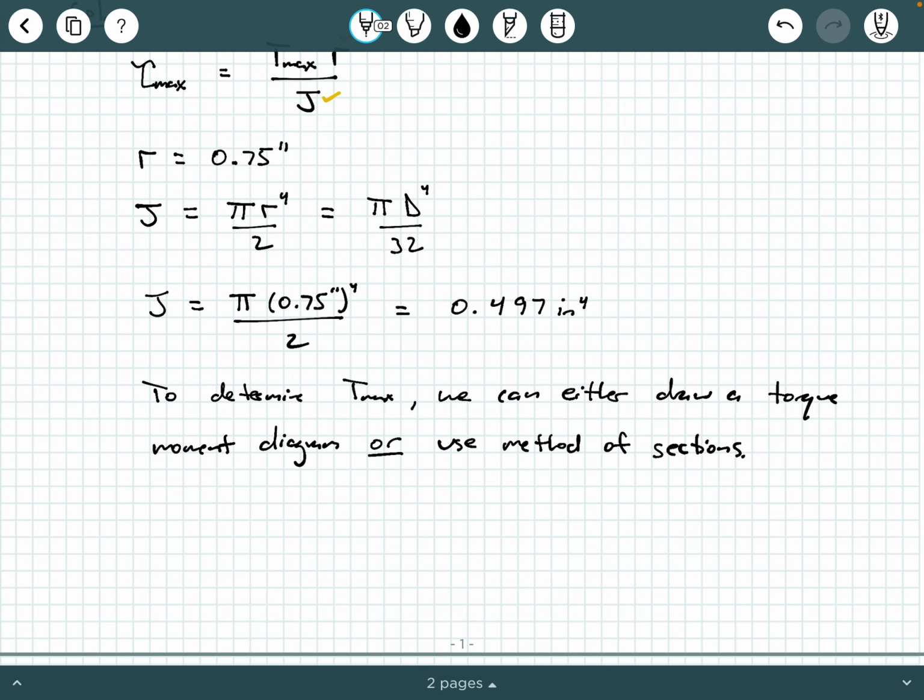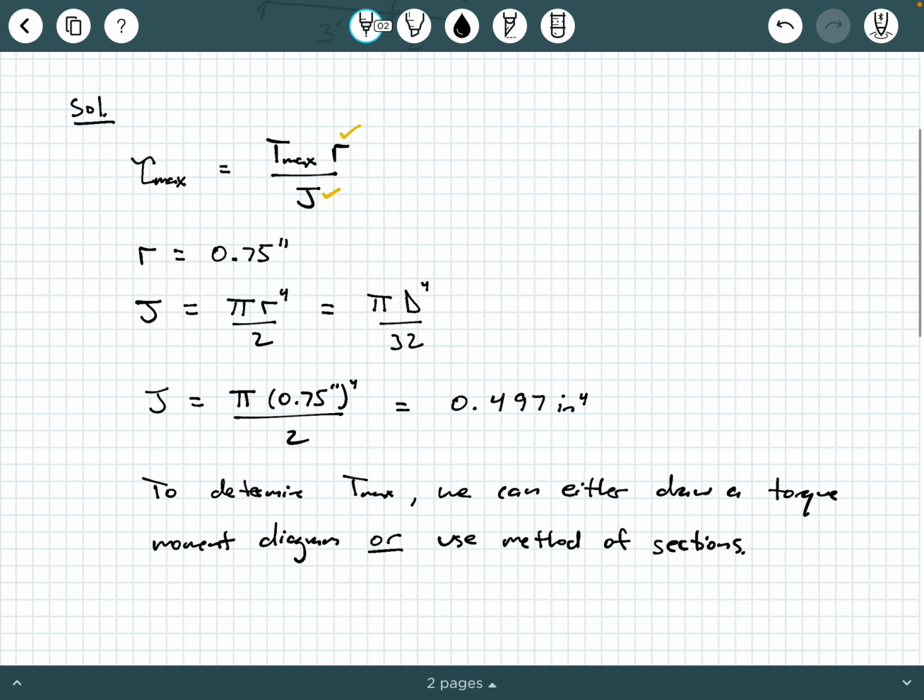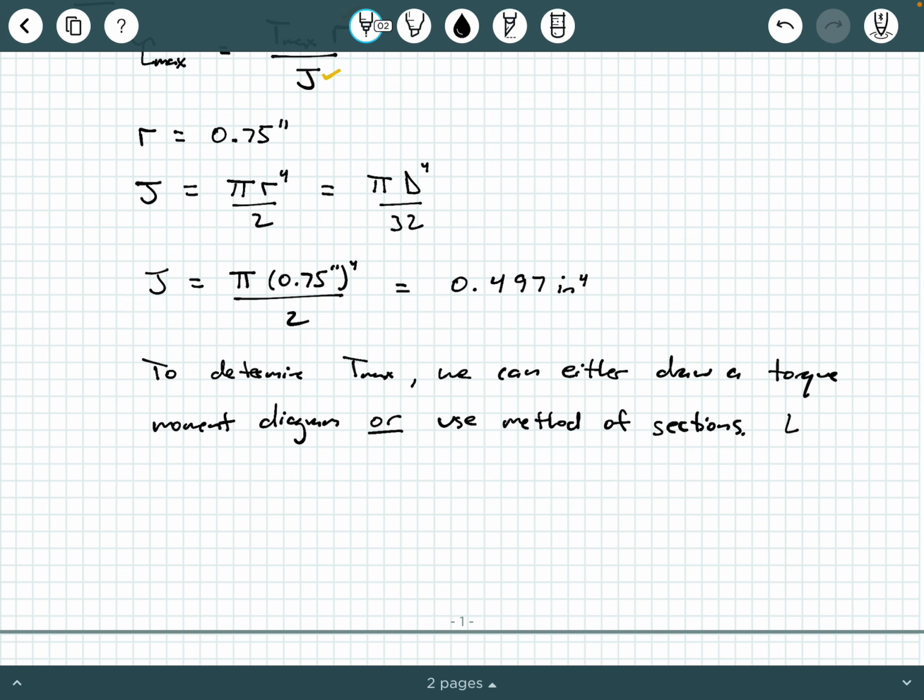So at this step, it's actually a static step that we're looking into to get T max, okay? Whether you draw a torque moment diagram or use method of sections, either of those techniques are from statics knowledge, okay? I'm going to use method of sections. So let's go ahead and write that down. Let's review that. So let's say let's use method of sections.